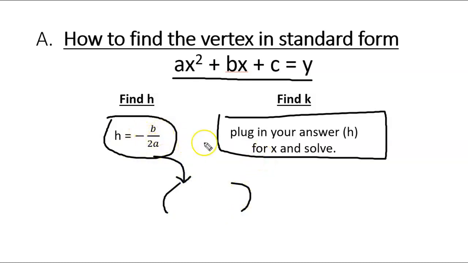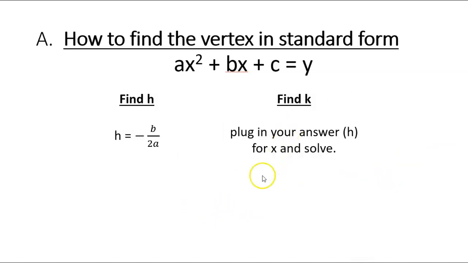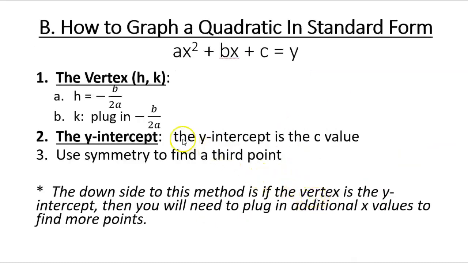To find the y value, you take that x value and plug it into the equation and solve for y, and that will tell you the y part, and you'll have your total vertex. Okay? So let me demonstrate that for you.